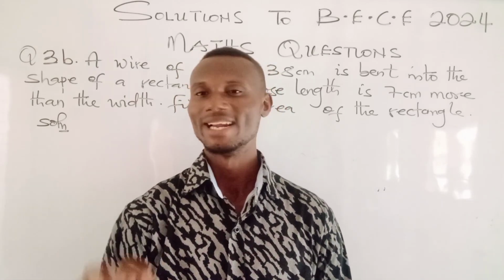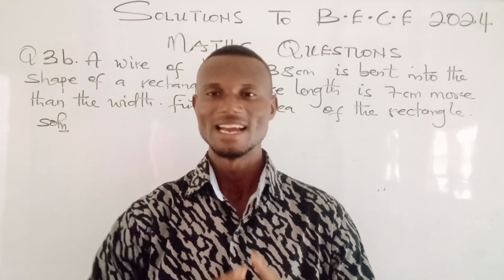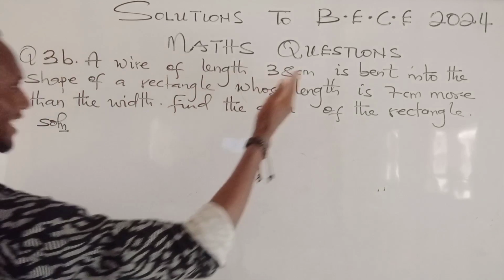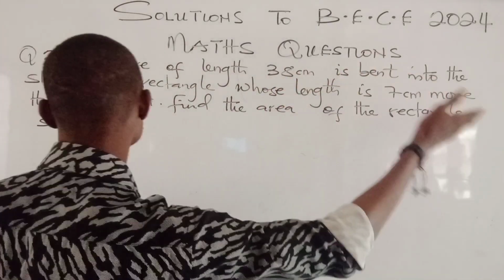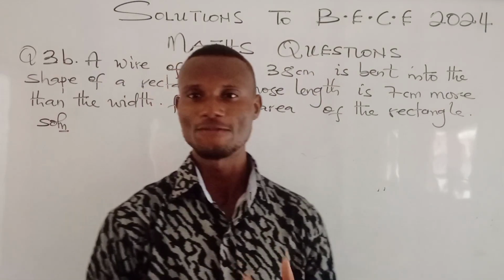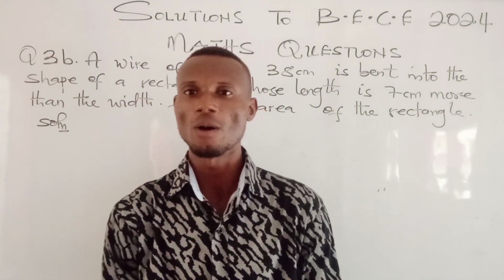Again, the perimeter of any plane figure is the distance around it. So the question is saying that a wire of length 38 centimeters is bent into the shape of a rectangle. So that wire, they've bent it to form a rectangle.